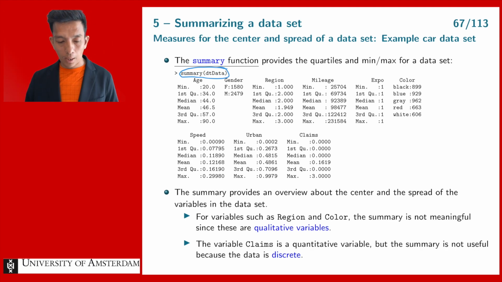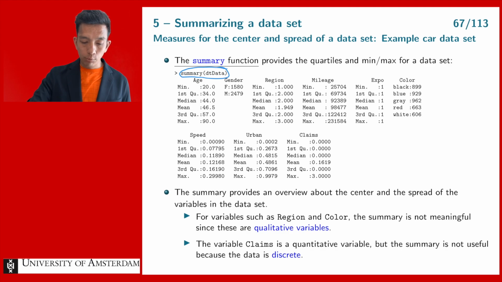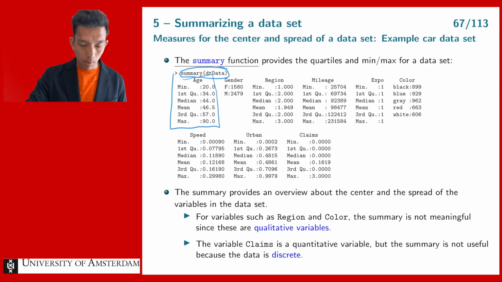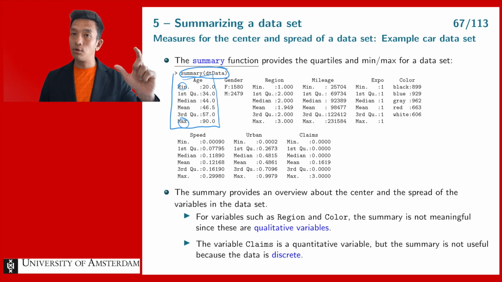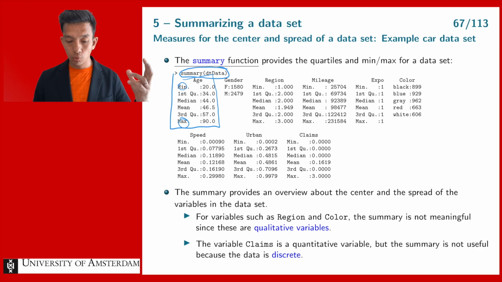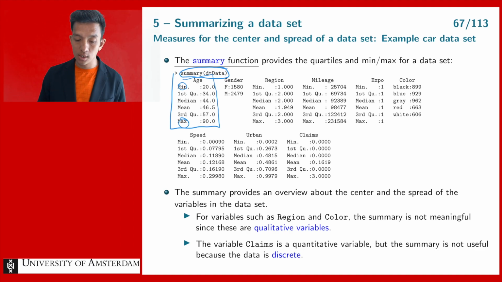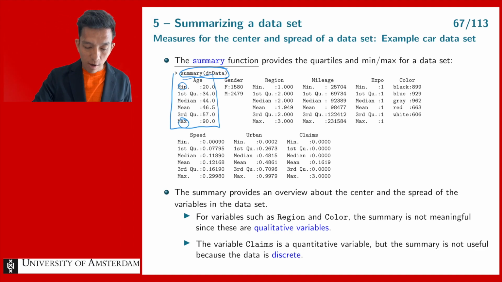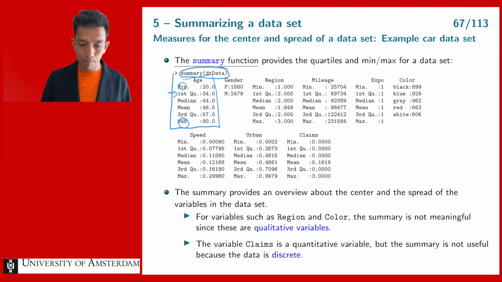So we apply the function summary, and then for example, you see here for age, we see the minimum and the maximum value, and if I take the difference, I get the range. So the range is 90 minus 20, is 70 years. I have my quantiles. I have my 25% quantile.